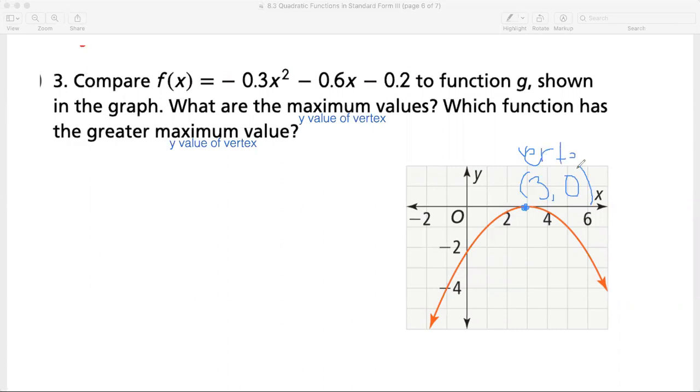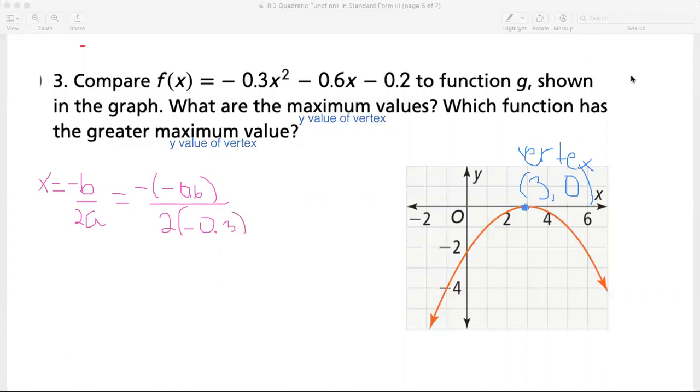If it's given to you in an equation, like here, we have some work to do. And yes, it's decimals, but we'll be able to do it. I'm going to do that in pink. I'm going to find the x value of the vertex because that's how I find the y. So x is negative b over 2a. Well, we had to do decimals at some point, so let's embrace it together. So this would be negative, and then b is negative 0.6 all over 2 times negative 0.3.